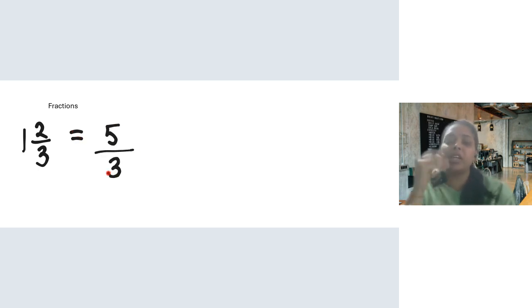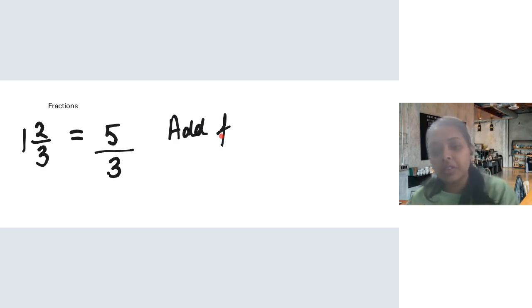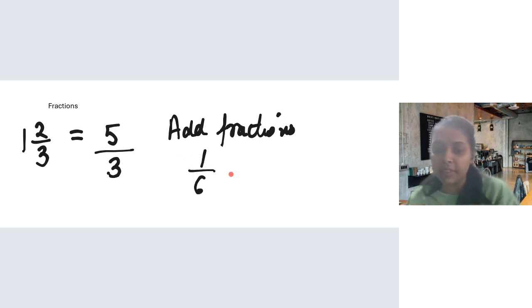So now is this a proper fraction or improper fraction? Improper fraction. Okay, very good. Now, can you tell me how do we add fractions? Ma'am, you give me a question and we'll solve it. Okay, yeah. Okay, let's say I have this.